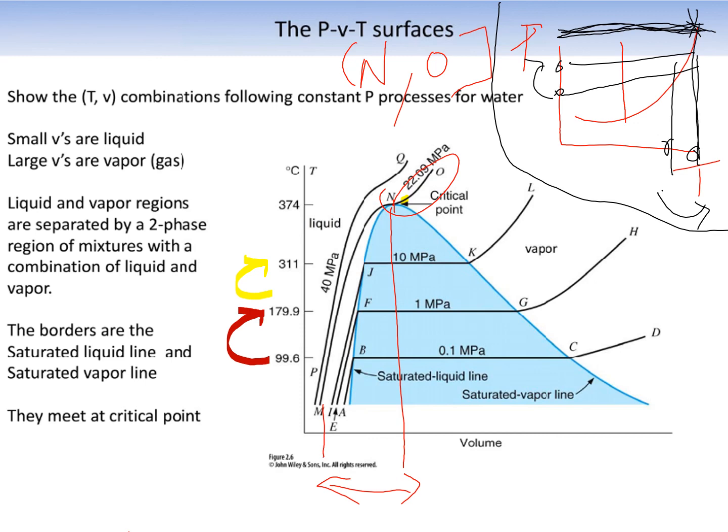So the saturation line ends here. Let me highlight it: this saturation line ends at this point, because beyond this point there is no constant temperature boiling process.